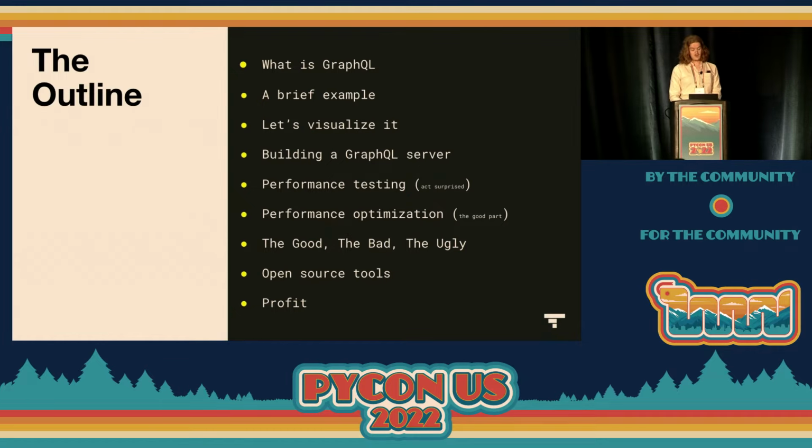After that, we're going to do a little bit of performance testing. You're going to have to act surprised. It's going to be pretty bad. And then we're going to do some performance optimization, which is the real meat and potatoes of this presentation. We're going to head into conclusions after that with the good, the bad, and the ugly. Show off some open source contributions, and profit will befall all of you.